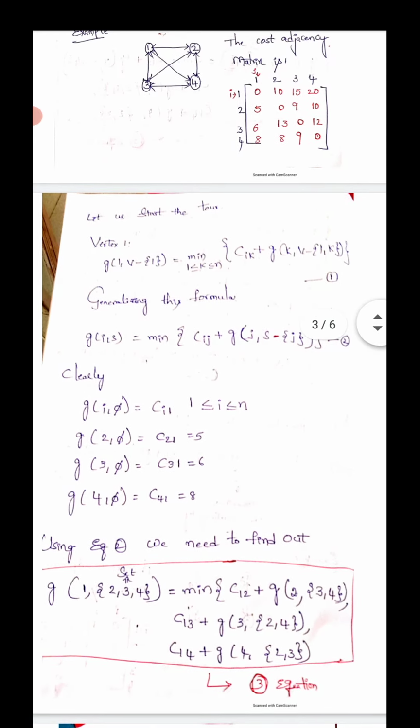Using equation 2, we need to find g(1, {2, 3, 4}). The starting vertex is 1, and the remaining set of cities is 2, 3, 4.